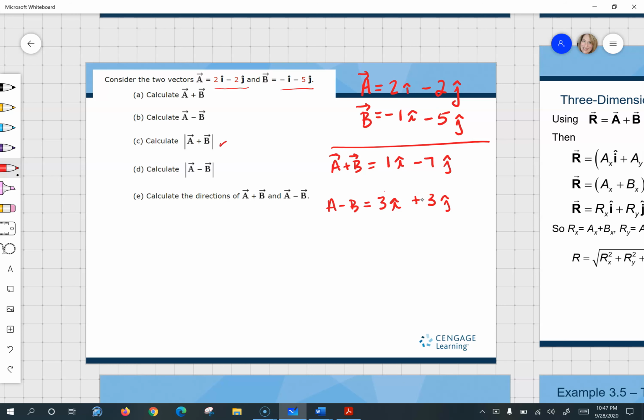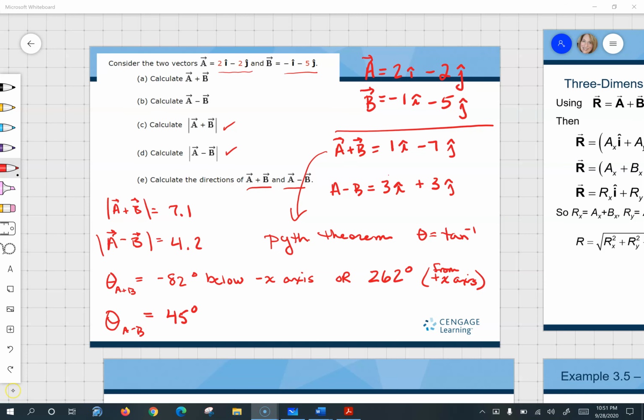Now, these are asking for the magnitudes of each of these. Remember, the magnitude is just going to use the Pythagorean theorem. And then the direction of these. And your theta is going to be using the inverse tangent. So pause the video and try to get those, and I'll put the answers up.